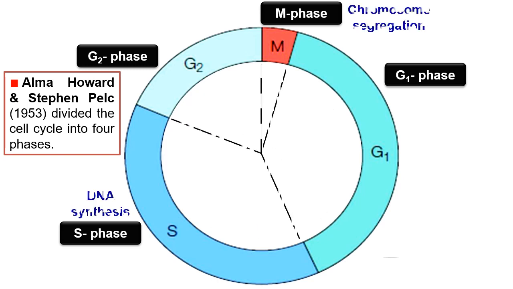The key molecular events taking place during the cell cycle are DNA synthesis and chromosome segregation. DNA synthesis occurs during the S phase of the cell cycle, and chromosome segregation, which is a result of mitosis or nuclear division followed by cytokinesis, occurs during the M phase of the cell cycle. Both these phases, that is the M phase and the S phase, are separated by two gap phases called the G1 and the G2 phase.